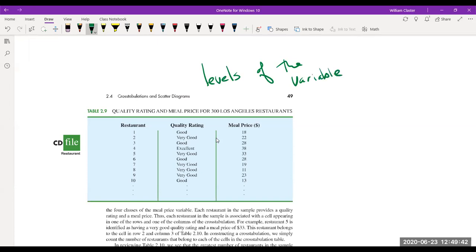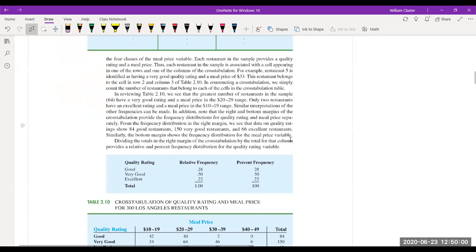So we might say that the levels for quality rating are good, very good, and excellent. Those are the different possible levels, or anyway, the different possible values. Okay, now what are they going to do with this?